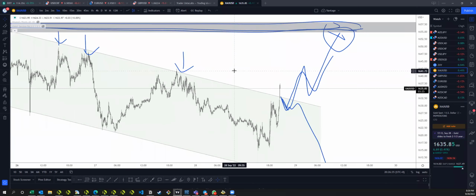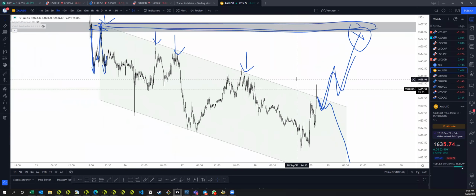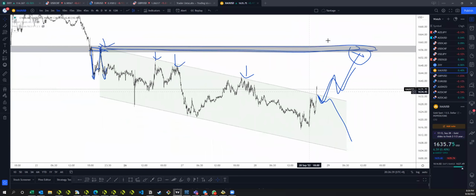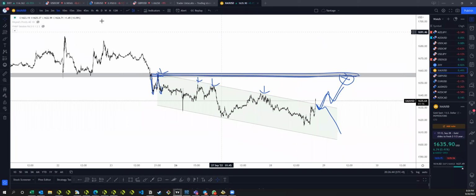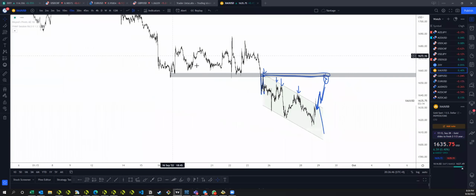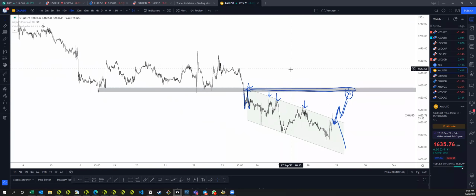Okay, so another thing that I wanted to highlight is what could cause gold to break towards higher levels, which would be uncertainty in terms of geopolitical tensions.